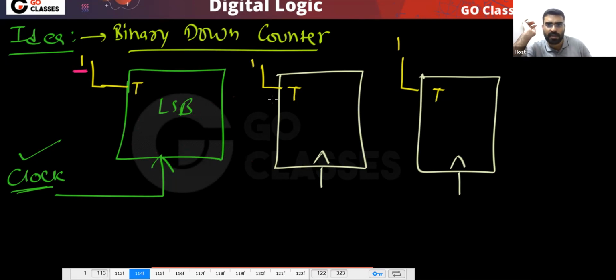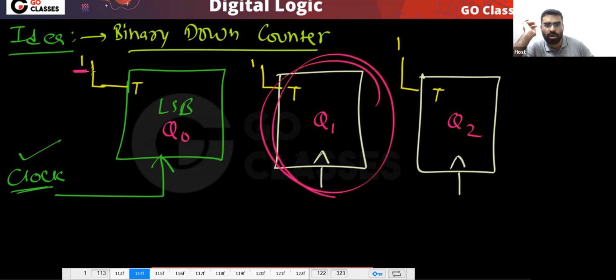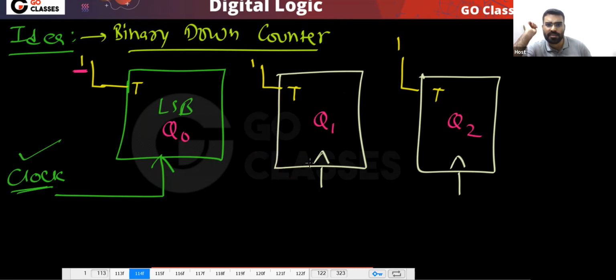Now, what is the next? This is your Q0, this is Q1, this is Q2. Tell me when this should toggle. This should change when Q0 is going from 0 to 1.